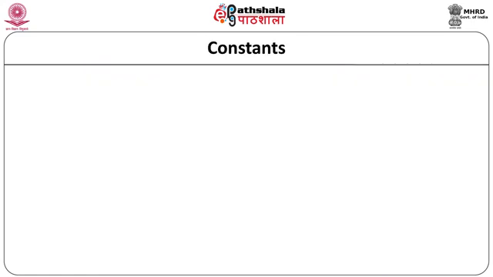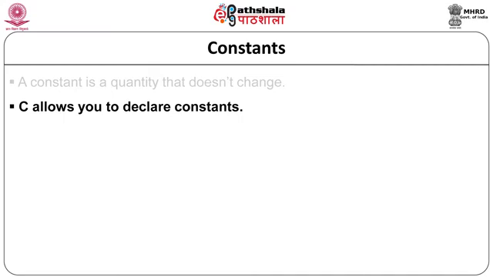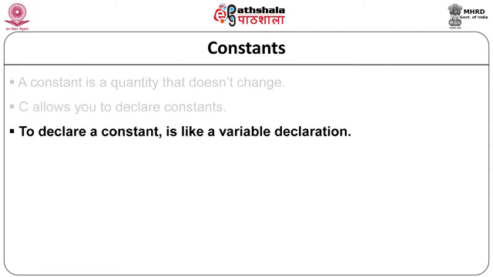Then constants. So what is a constant? A constant is a quantity that doesn't change. C allows you to declare various constants in the program, for example, k equal to 0 or k equal to 100. To declare a constant is like a variable declaration.